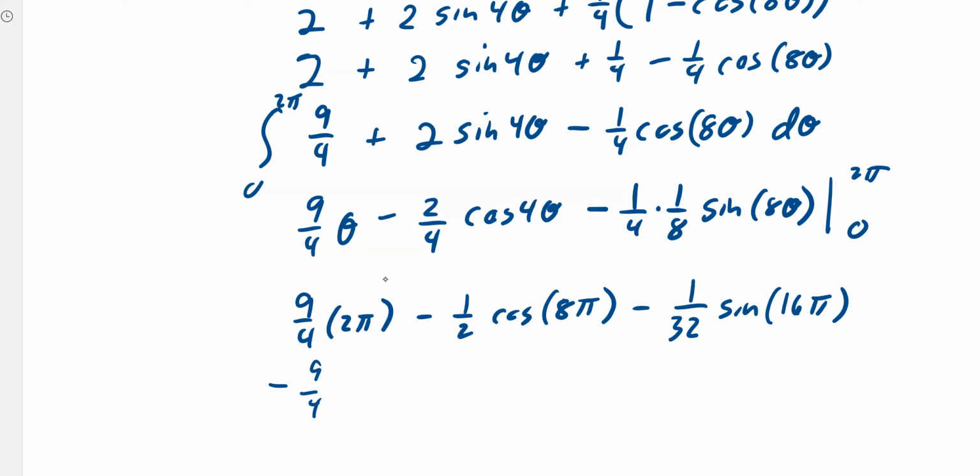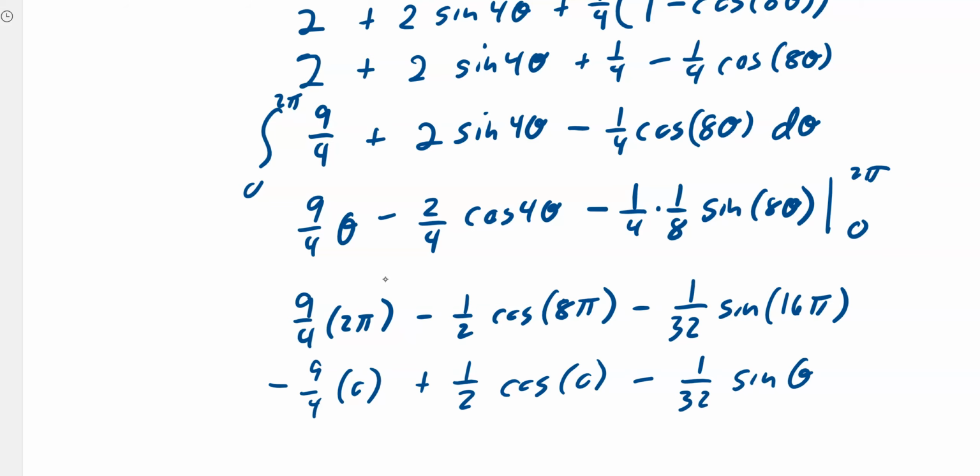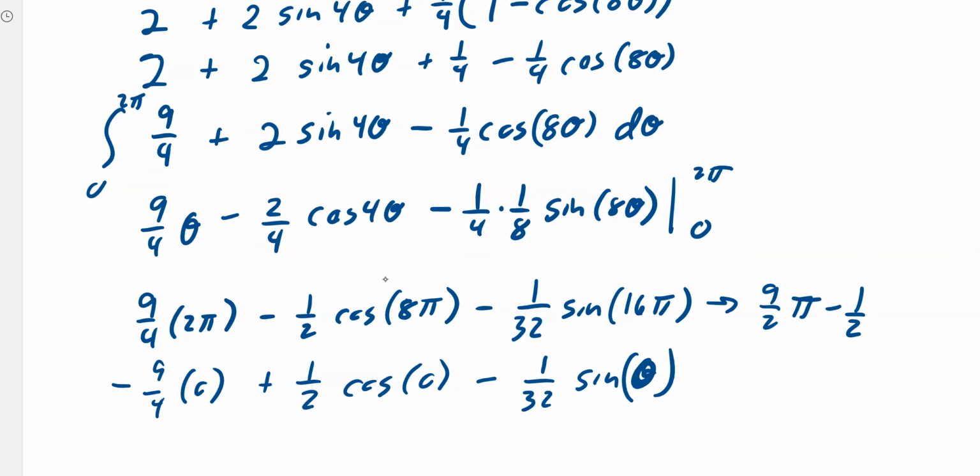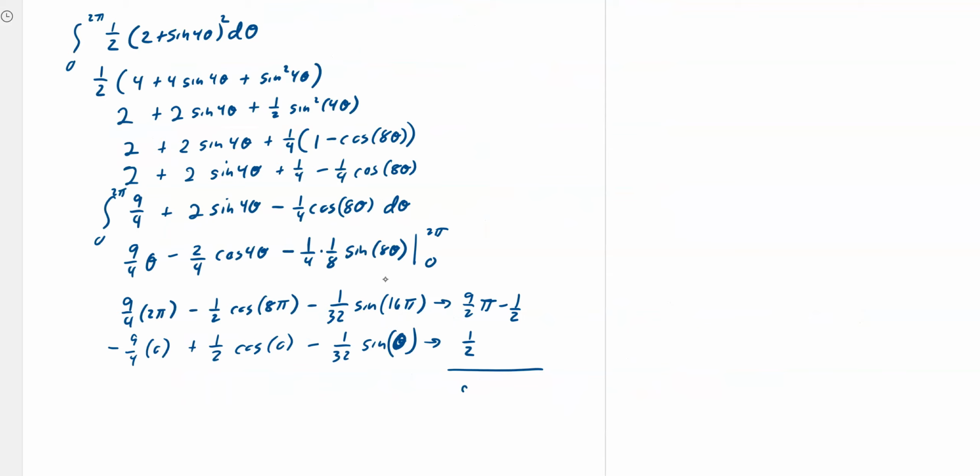So minus 9/4 times 0 plus 1/2 cosine of 0 minus 1/32 sine 0. All right. So we end up with 9/2 pi. And then cosine of 8 pi would be 1 and sine is 0, so we don't have to put it. And then down here we end up with 0 and then 1/2. So adding these up, we end up with 9/2 pi, and that should be our answer.